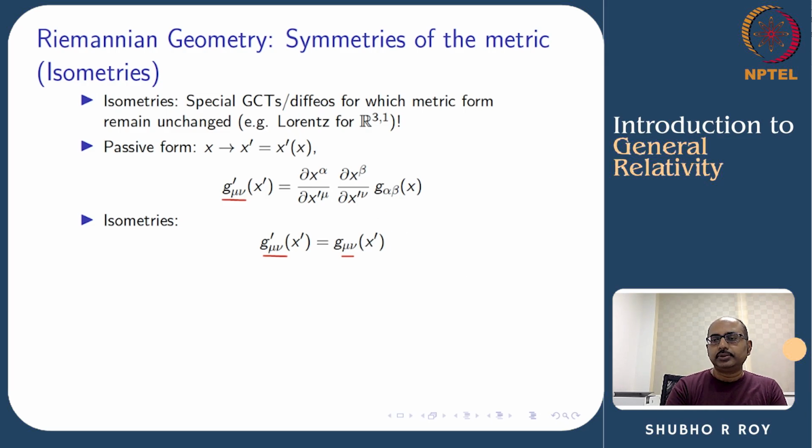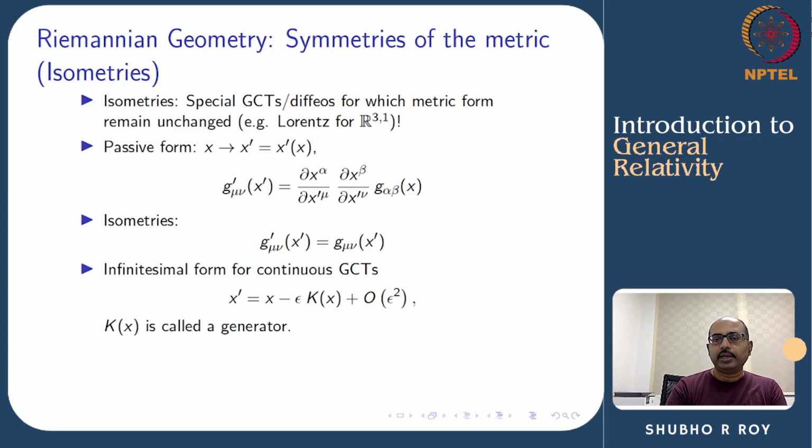Now, we can simplify this equation further by looking at continuous general coordinate transformations. What are continuous transformations? Continuous transformations are those which contain a parameter which I can dial from 0 to some finite value. For example, one can consider translation or rotation. In a rotation, there is a parameter called the angle, which I can dial from 0 to some finite value.